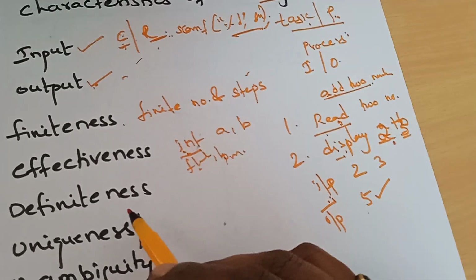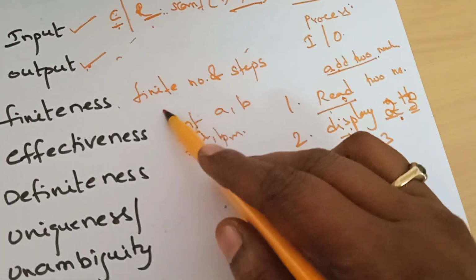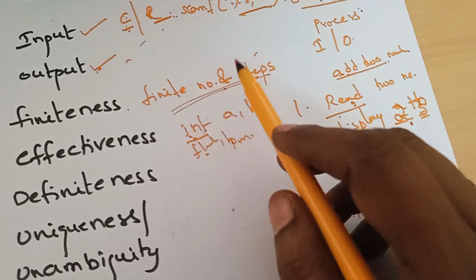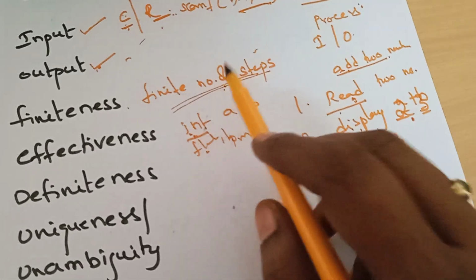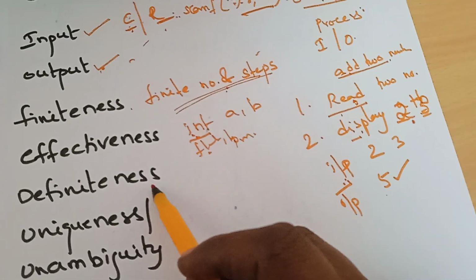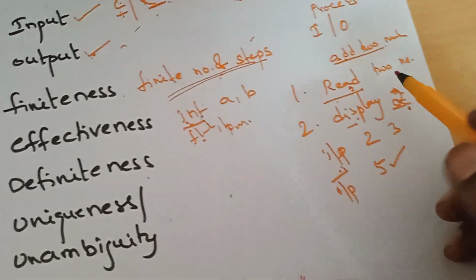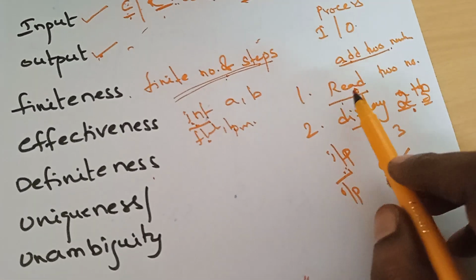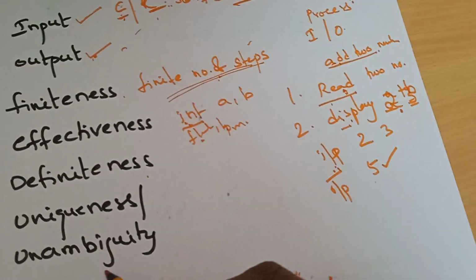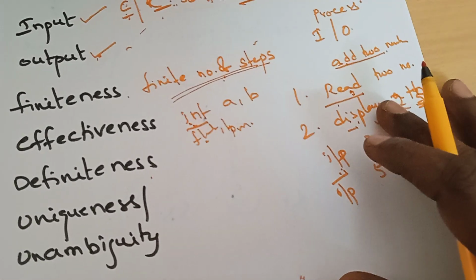And definiteness. We write a finite number of steps, and each step should have a definition, each step should have a meaning. That is definiteness, and also uniqueness or unambiguity. If the first step is read two numbers, the second step should not be read two numbers. Unambiguity means no repetition of a step.